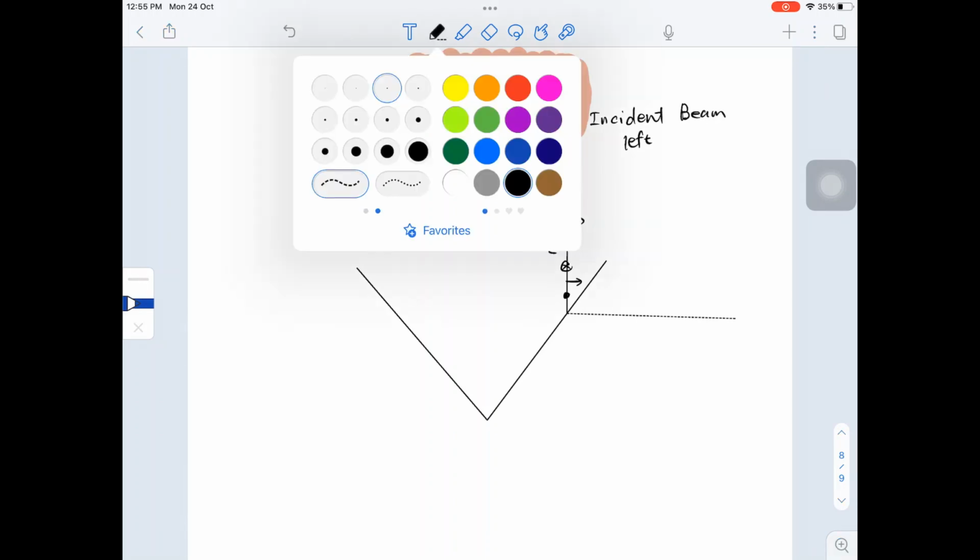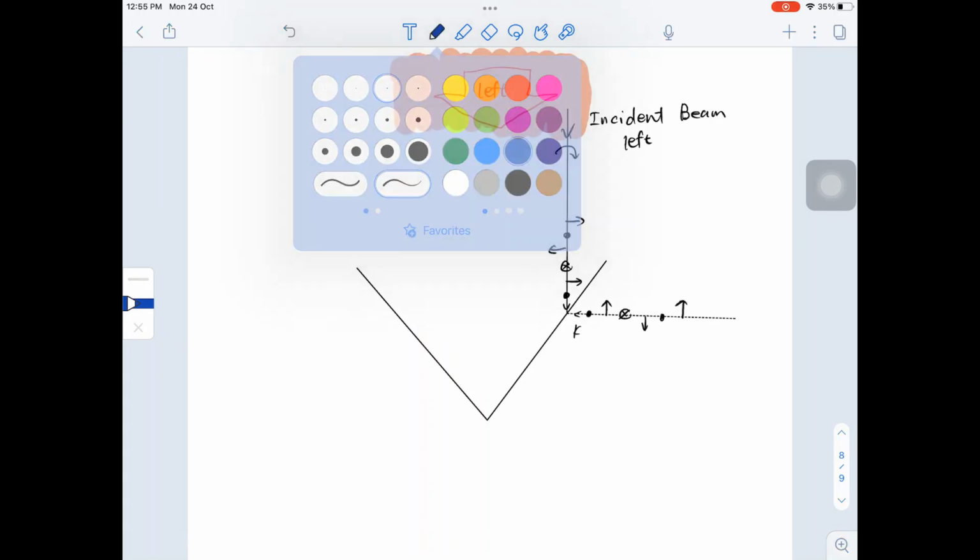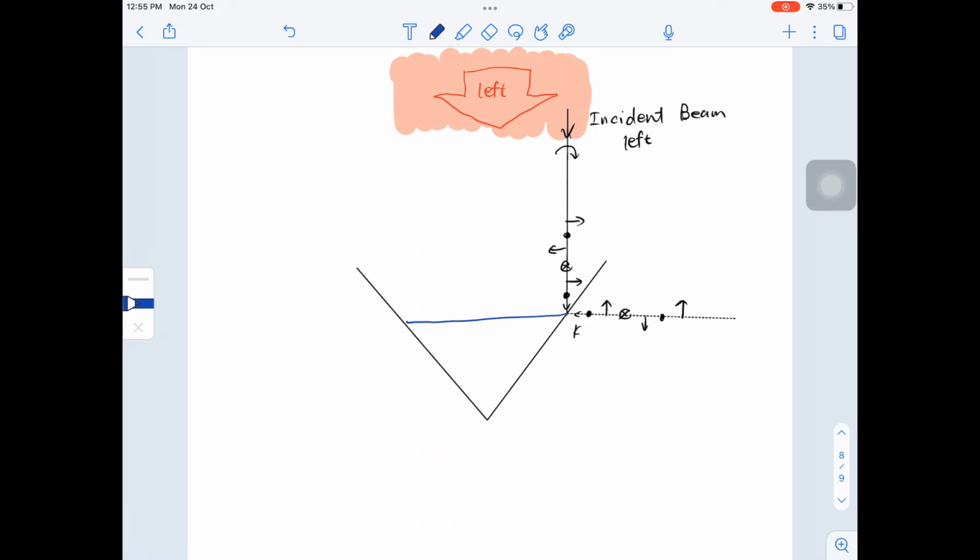I hope this is helpful. Okay. 1, 2, 3, 4, 5, 6. Okay. This is what, and you can clearly see this reflect is right hand.